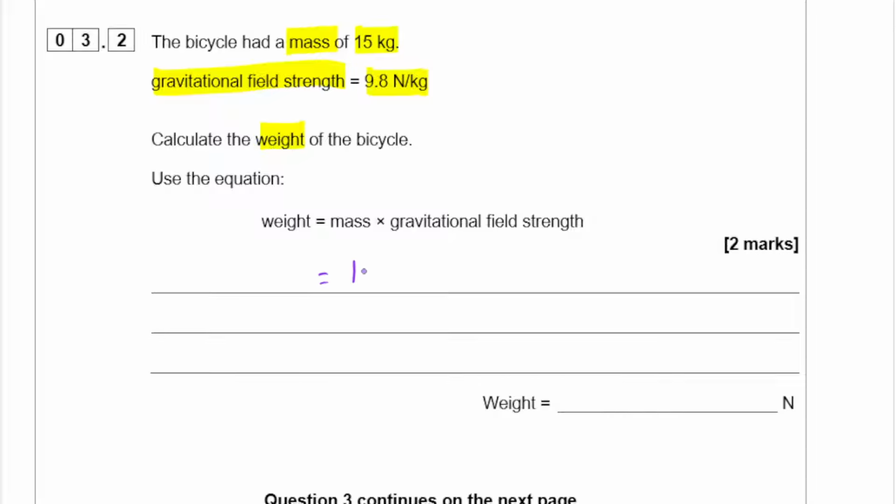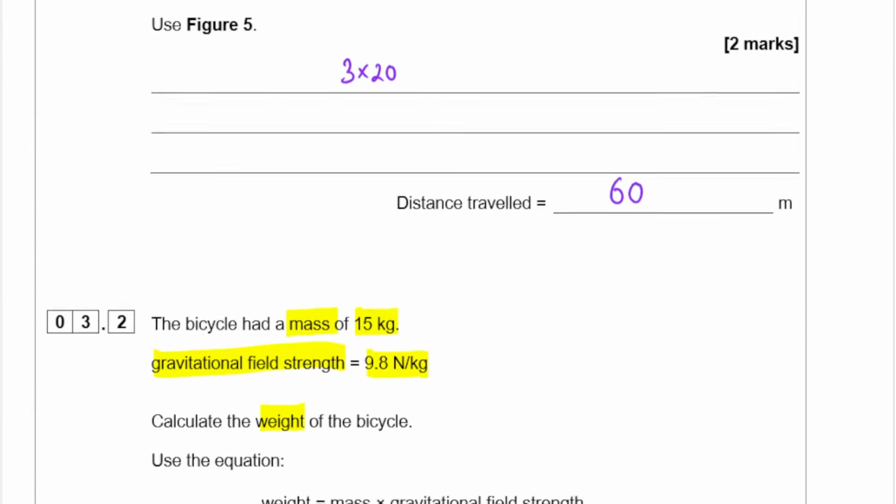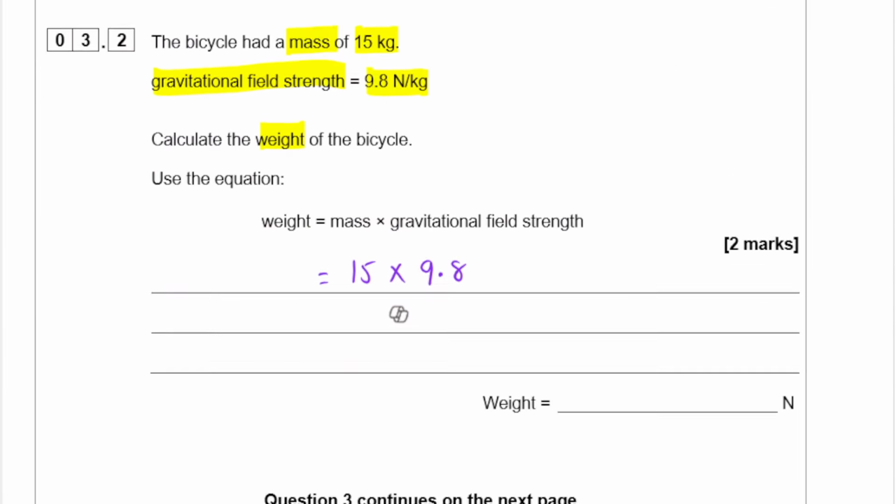So that's 15 times 9.8. 15 times 9.8 is 147. Let me just double check that. Yes. So that's 147 newtons.